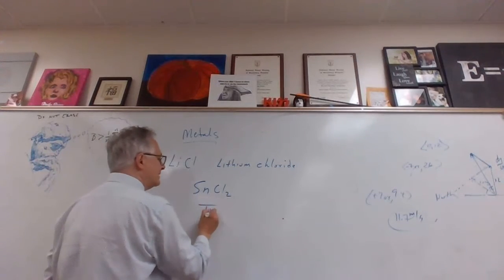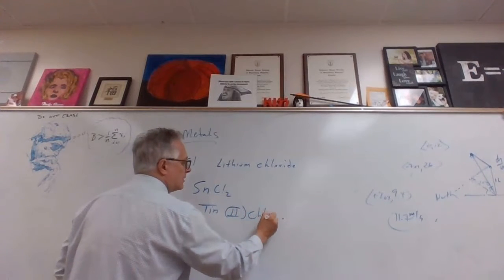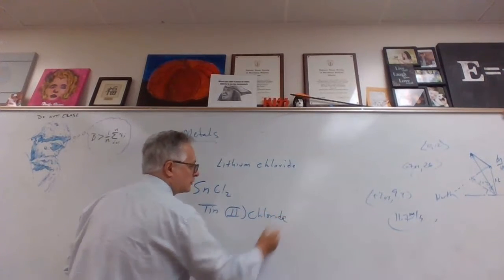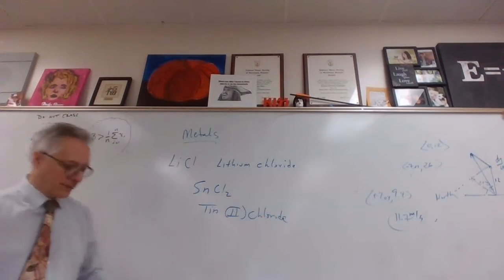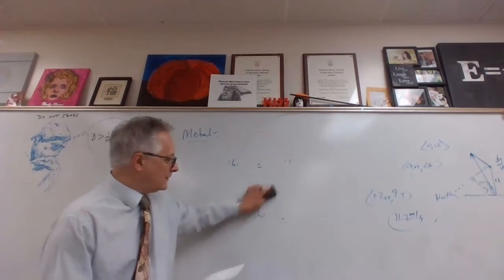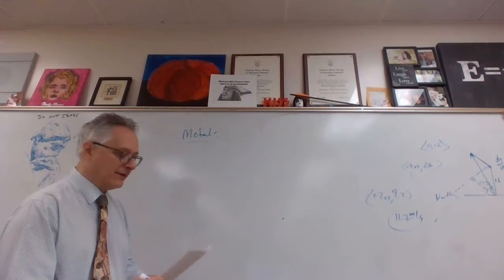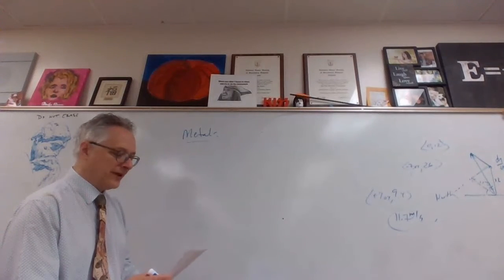So this would be tin 2 chloride. Tin 2 chloride for that. I think you can kind of see the difference between main group metals and these ones that have more than one charge available to them.